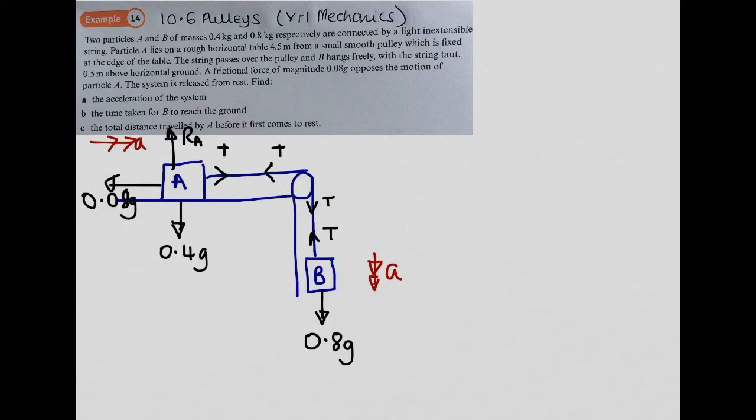Having completed our diagram, the next thing I need to look at is part A, which is the acceleration of the system. When we're asked to do this, we need to think about resolving, and we did this in example 13 previously, and we do each particle separately.